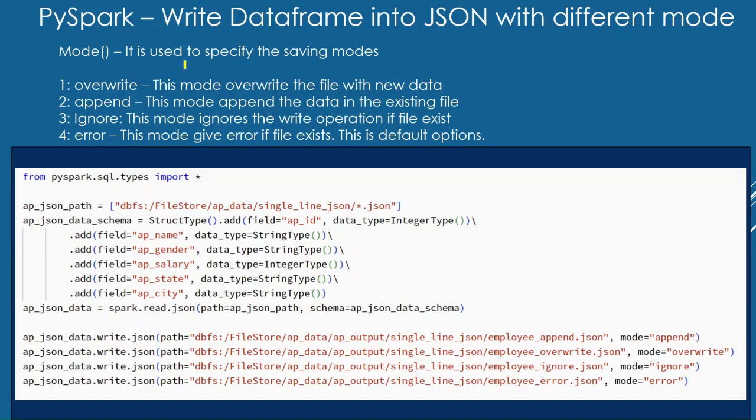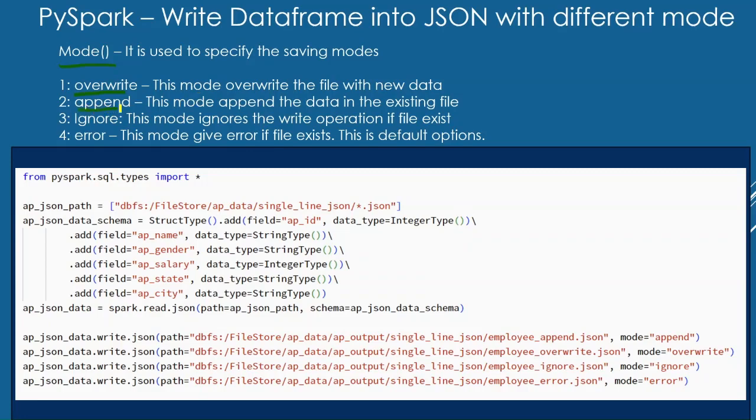Whenever we are writing the data frame in the JSON structure, one parameter generally we provide, that is the mode parameter. This is very important. It specifies the saving mode of the data frame in the JSON document. First one is overwrite. This mode overwrites the file with the new data.